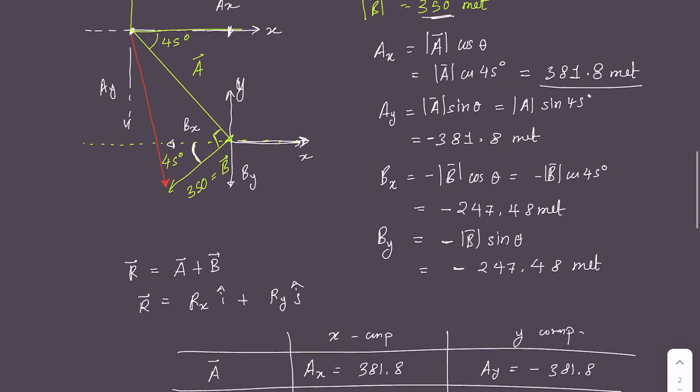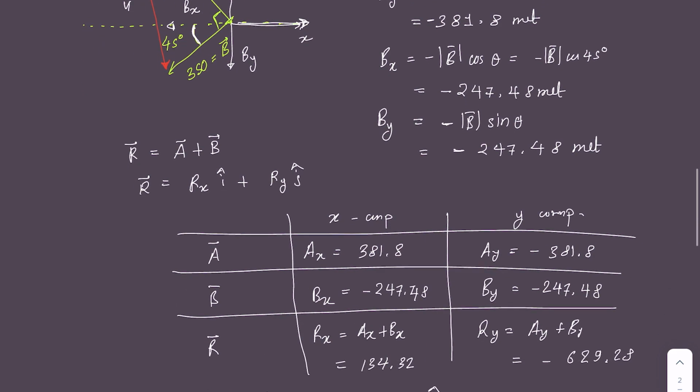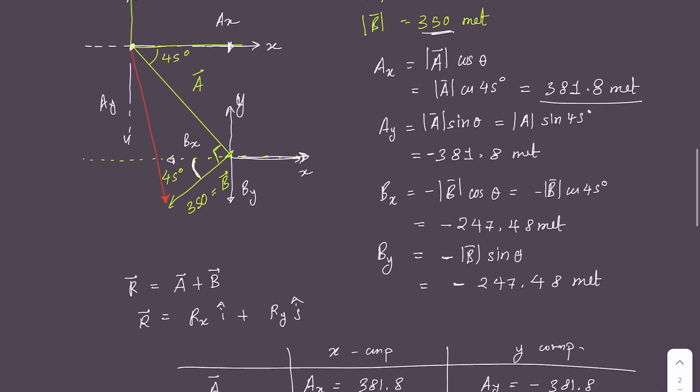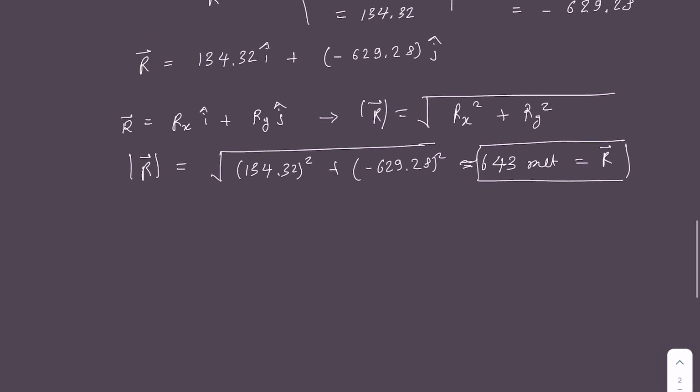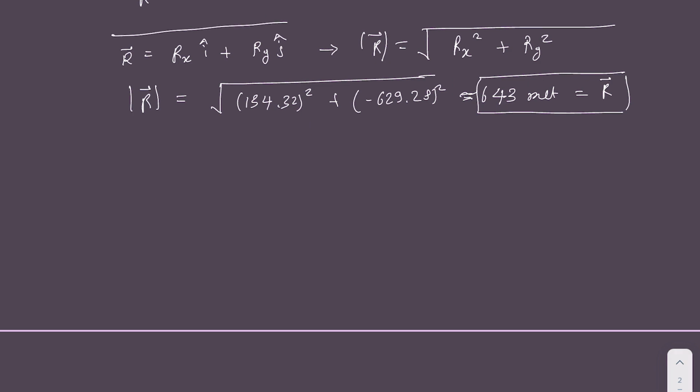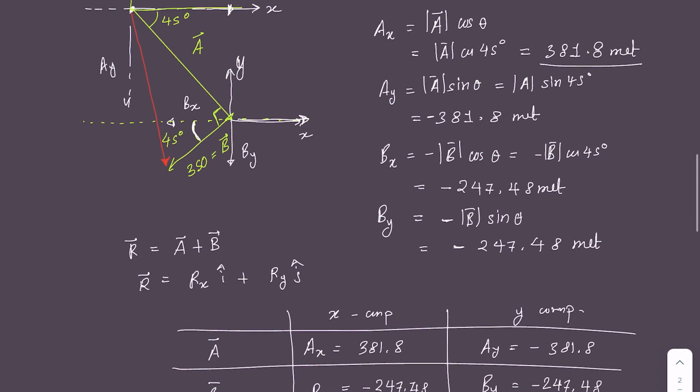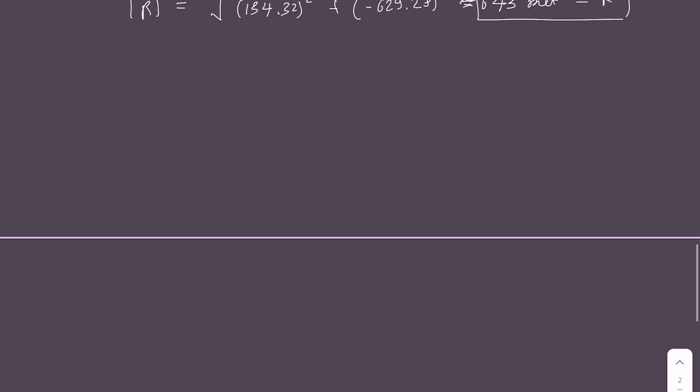We can also figure out the angle that this red vector makes with the x-axis. So this is the angle I'm talking about. This is the red vector and this is the x-axis. So we can figure that out too. To do that, maybe I should write down that vector r here.